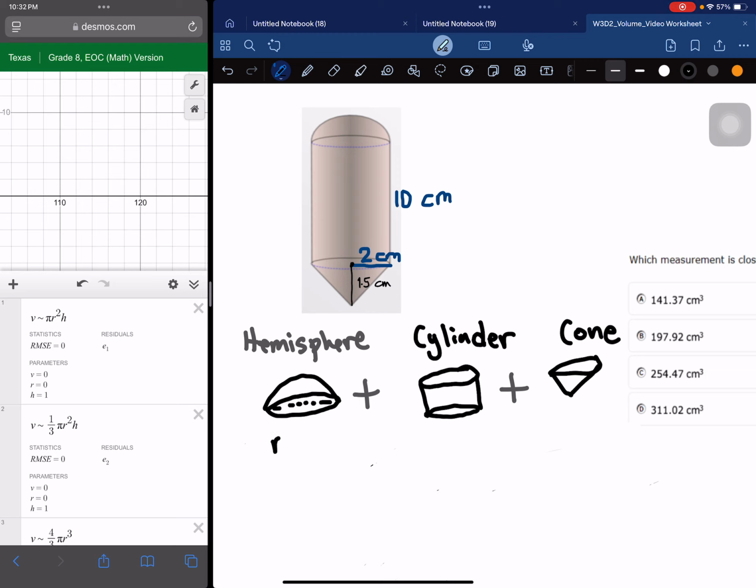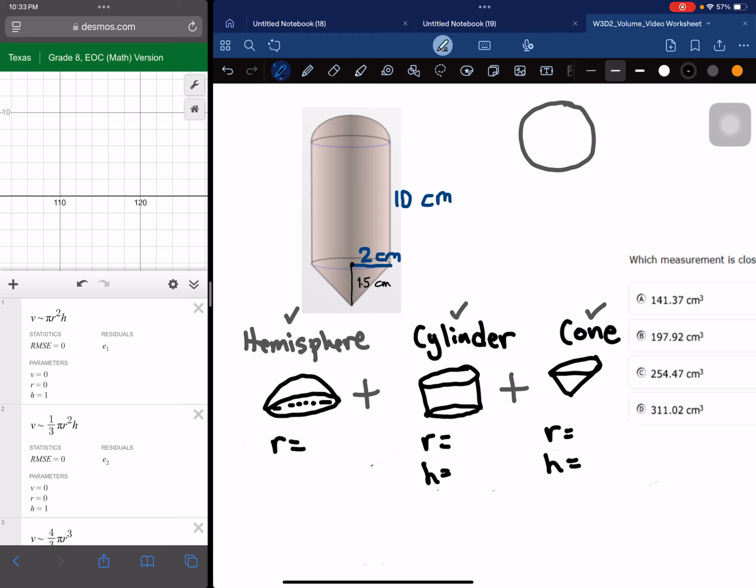Hemisphere needs a radius. Cylinder needs radius and height. And cone needs a radius and height as well. One thing common about these three shapes is that the hemisphere, cylinder, and the cone all have circles.